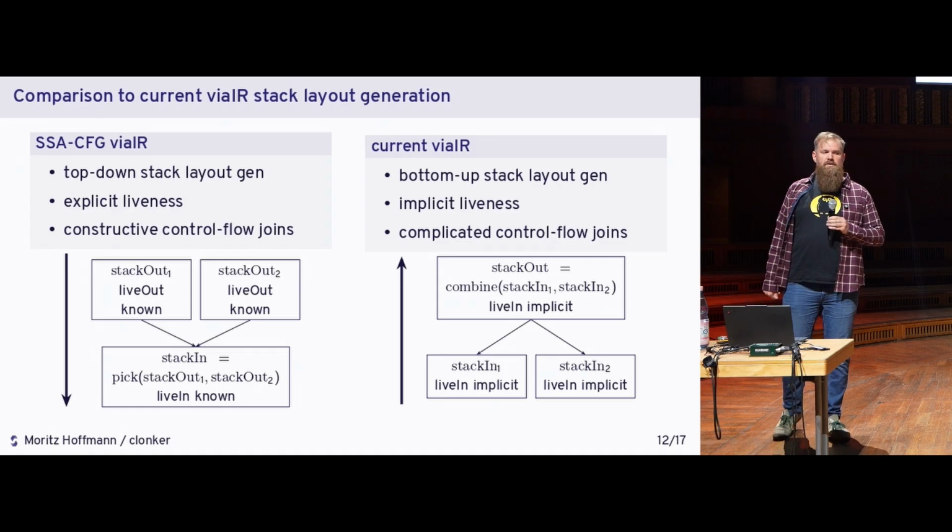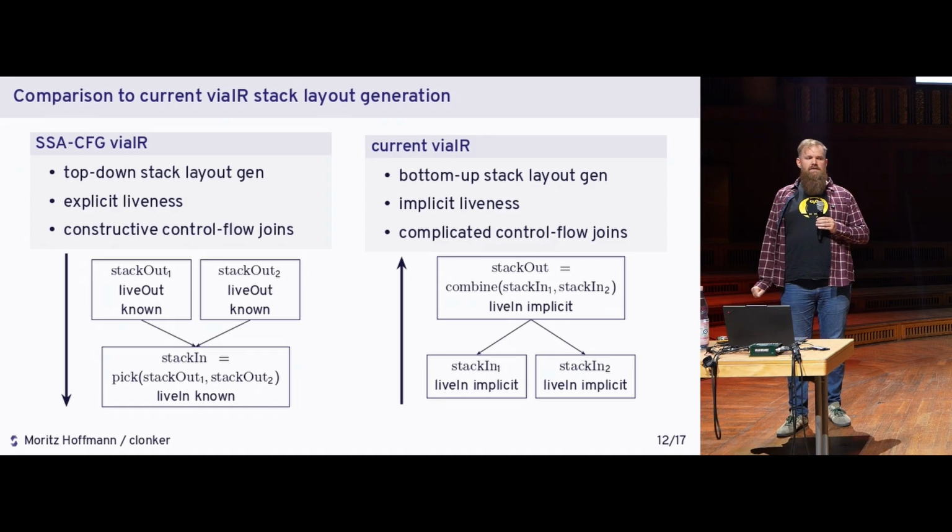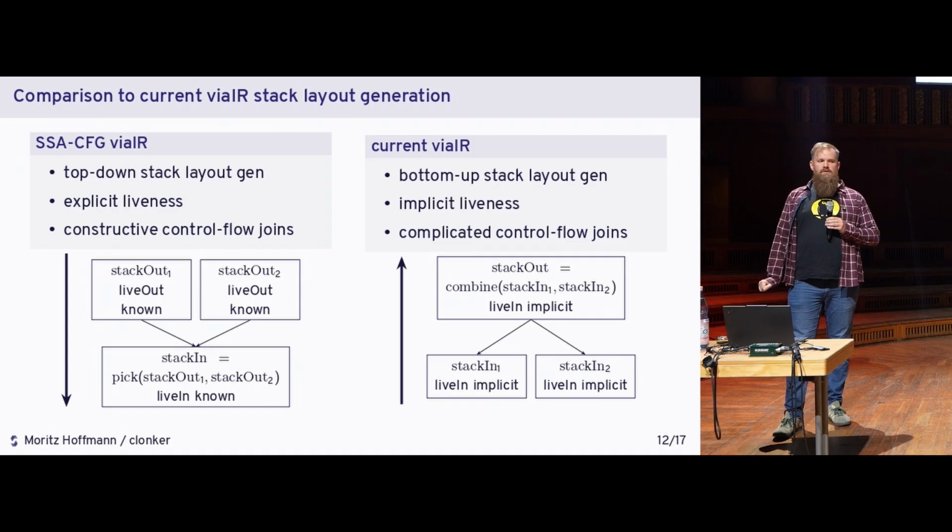Now, doing the SSA-CFG representation based on Yul allows us to do stack layout generation slightly differently than it was done before. So if I hold them side by side, what we do now with this new backend is we go top down. You look at the entry of a function call, you look at the entry of the program itself, and then produce essentially top down, really in a topological sort style of way, or topological order style of way, the stack layouts.